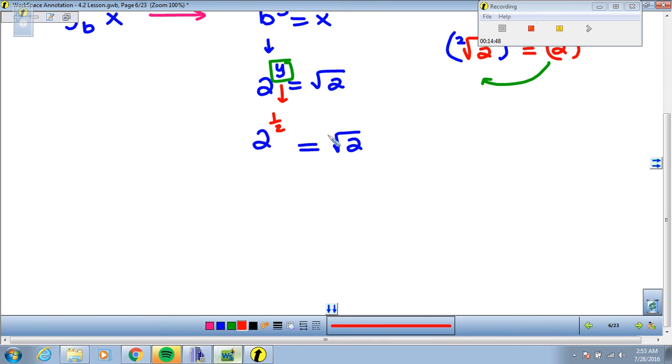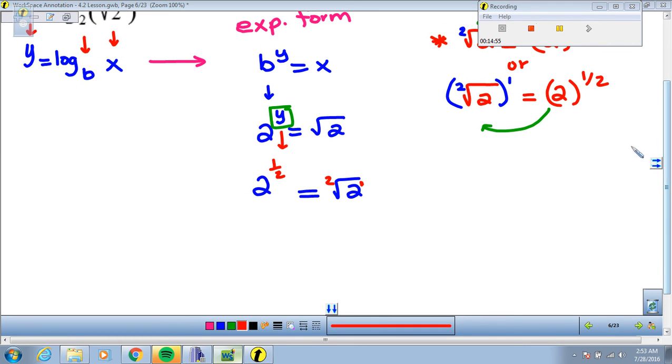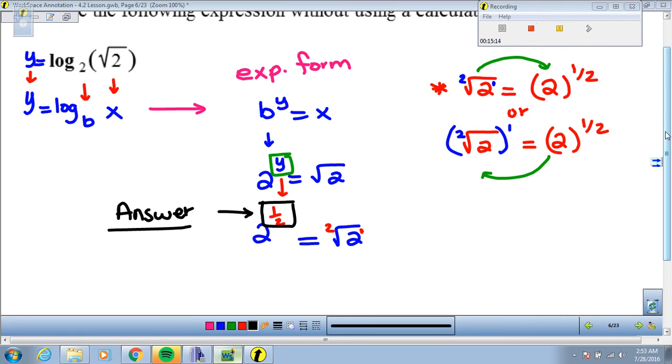The 2 would be here, and the 1 could be here on the inside or on the outside, doesn't really matter. So, okay, again, what's the answer? What are you looking for? Whichever number you can use on the exponent of the base 2 to equal square root of 2, that's the answer. So the answer again is 1/2.